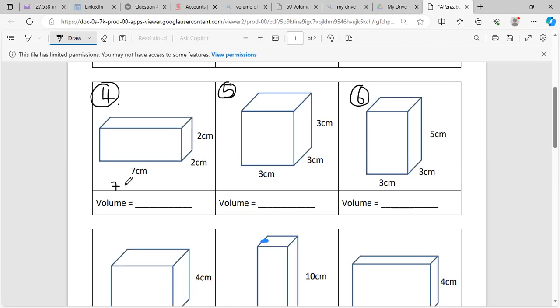Then you multiply 14 centimeters square by 2, which would give you 28 centimeters square. Cube. Very good. So it will be 28 centimeters cube.